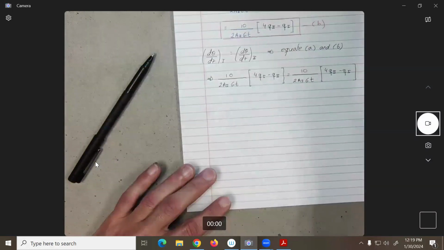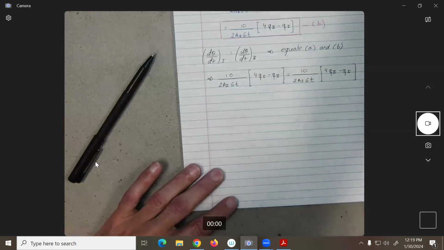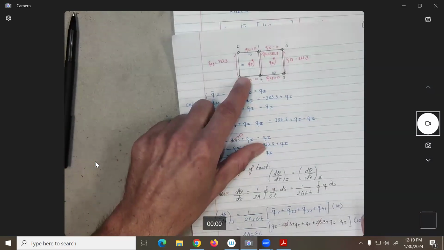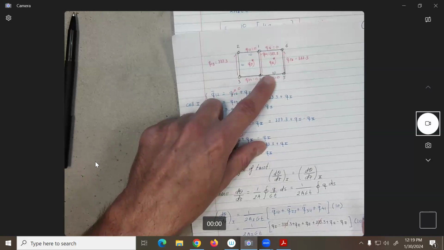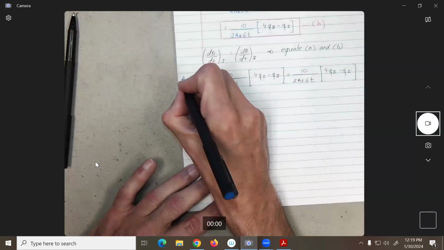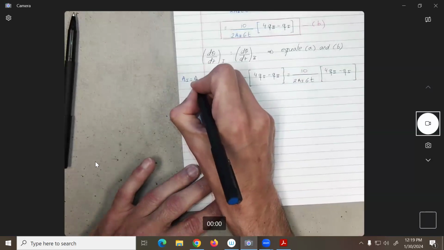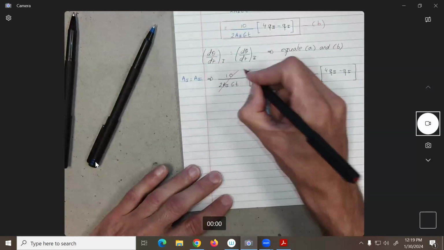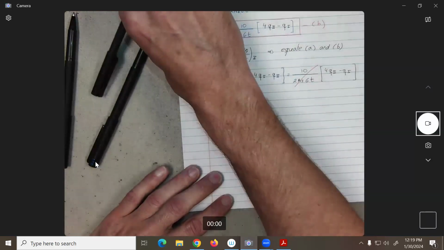Okay. I know it's time to go a bit faster, but we know that the size of the cells are identical, no? So we can say that A1 equals A2. In that case, what's going to happen? This term here is going to cancel this term.